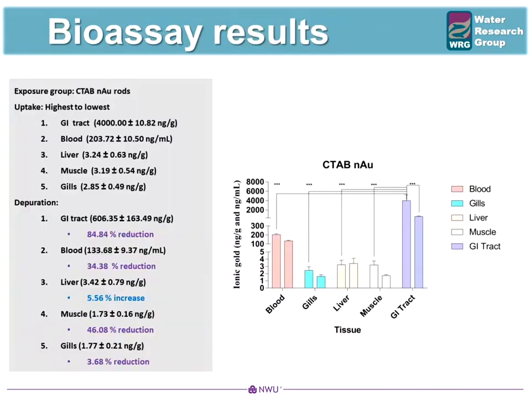If we have a closer look at the results and we consider the group exposed to the CTAB nanogold rods, uptake from highest to lowest occurred in the following tissues: the GI tract, blood, liver, muscle, and the gills.